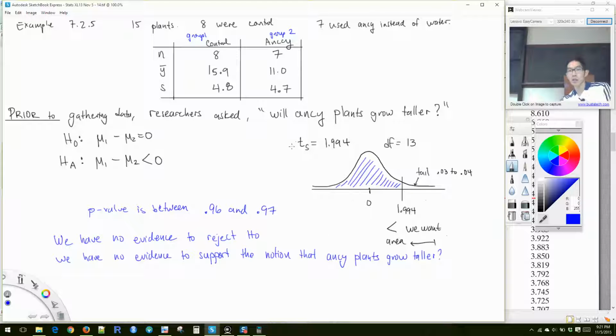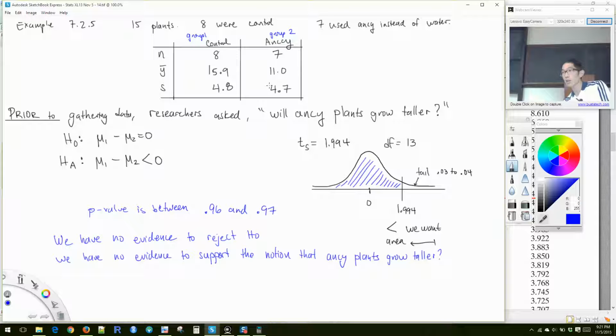Technically, I wouldn't even have to go through this entire test over here. If prior to gathering the data, the researchers asked, will ANSI plants grow taller? I don't even have to go through this process. I can just look at my data and do what's called a directionality check.